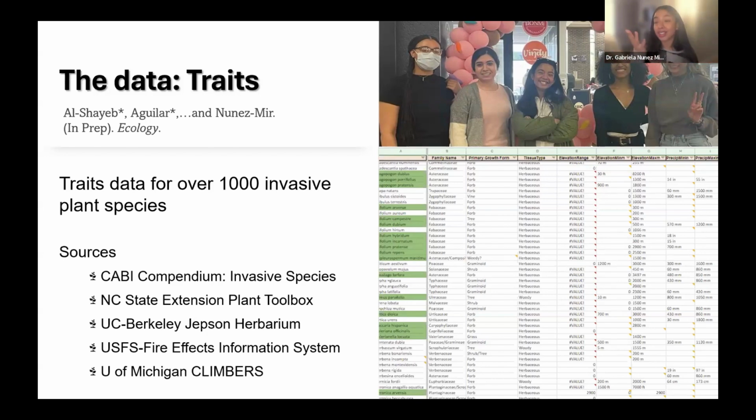The University of Missouri Herbarium as well has fantastic fact sheets, which we used too. So we went all throughout the internet, reading these narrative descriptions of the species and manually inputting all that data into a spreadsheet, which will be published for public use shortly, hopefully within the semester. So stay tuned, because that will be out there for everyone who's interested in having access to this data.